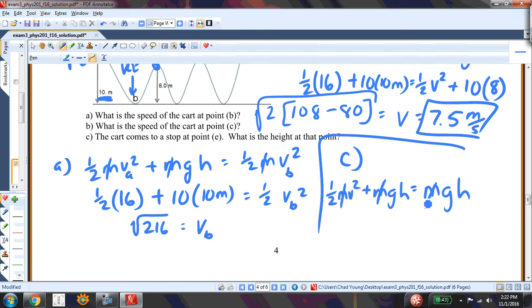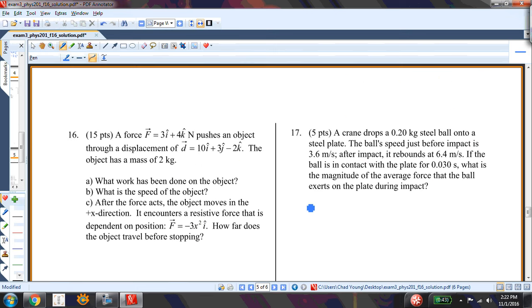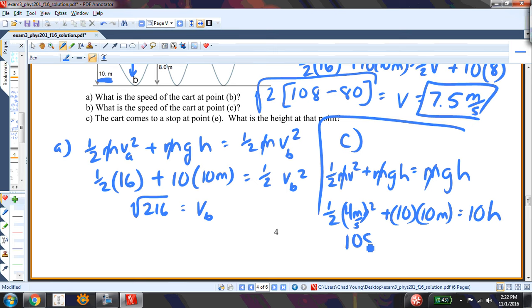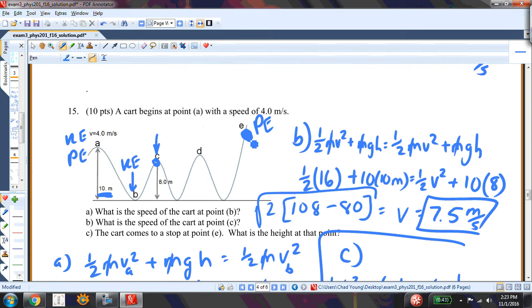M's cancel again. 1/2 of v squared, that was 4 meters per second, plus 10 meters per second squared times 10 meters equals 10 meters per second squared times h. So 108 divided by 10 equals 11 meters. So that's h. It goes up to 11 meters right here. All right.